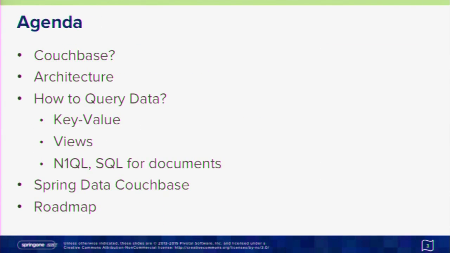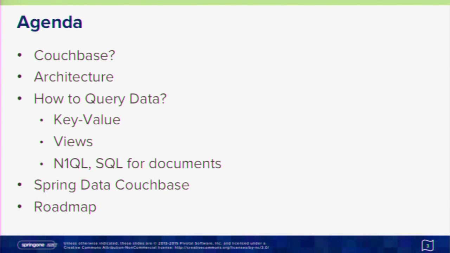Don't hesitate. Quick word about the agenda. First, I'm going to tell you a bit about Couchbase, the company, and about the architecture of the product. Then I'll explain the three ways you can get data out of Couchbase and how they map to the Spring Data concepts.